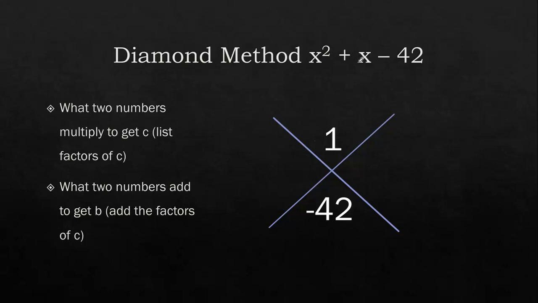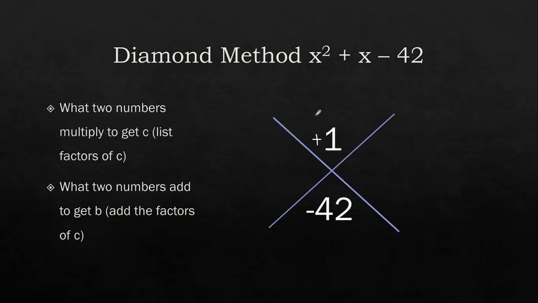Remember, if there's not a number in front of the x, that means the coefficient is 1. So draw out your x and put the b on the top. My coefficient of x is positive 1. And put the c on the bottom, which is negative 42. You have to pay attention to the sign in front of there.